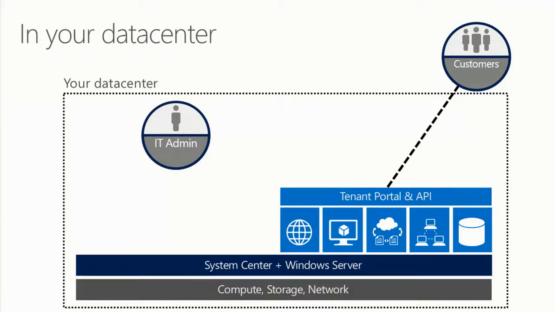Then, on top of that, let's start building out the same kind of multi-tenanted infrastructure that we built out for Azure. That is, we'll run a set of these customer-facing services on top of that fabric. We'll take that tenant portal and API. These are the same source code assets, the same hardened assets that we deploy and operate in Azure. Let's take those, package them up, make those deployable in our partner data centers so that their customers, IT's customers or a service provider's customers, can log in and get a comparable experience that they would have gotten had they actually gone to Azure.